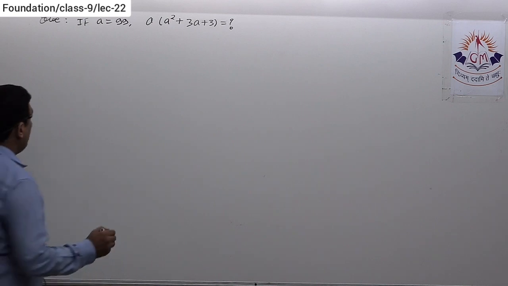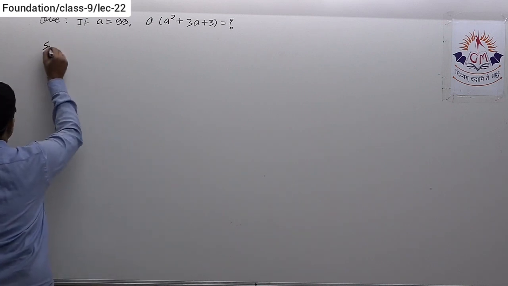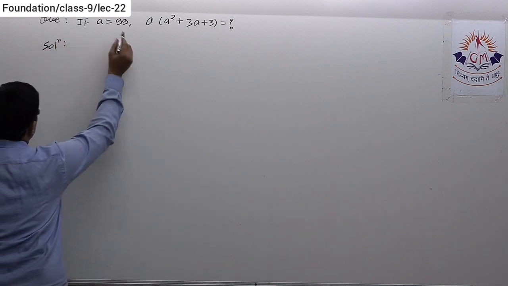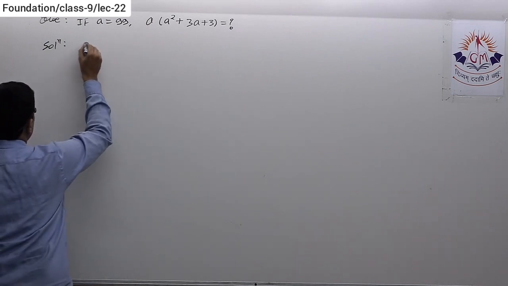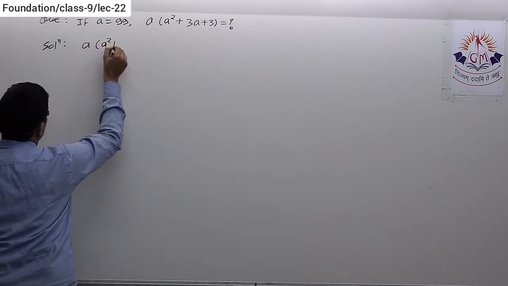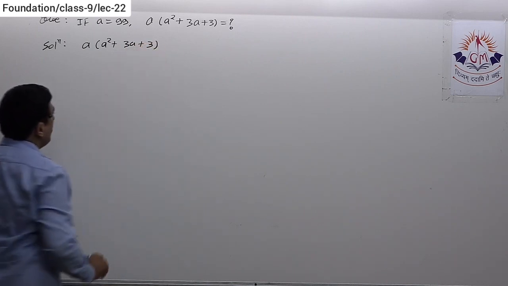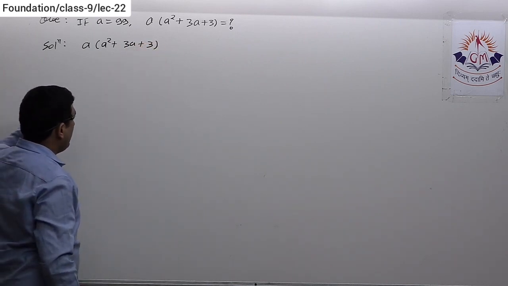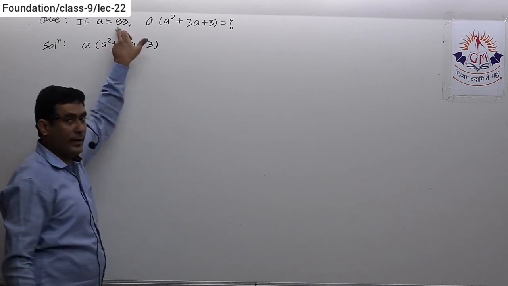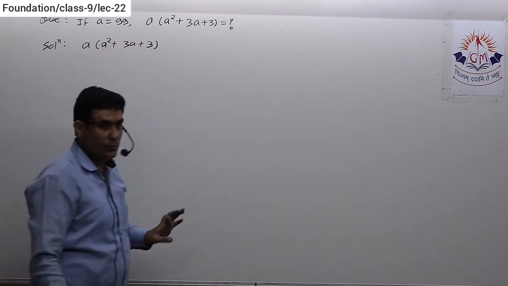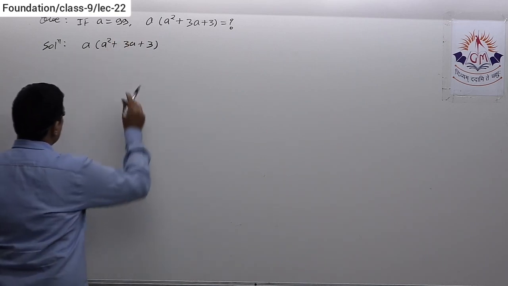Okay, let us see how to find this solution. We have A equal to 99 and we need to find A square plus 3A plus 3. The very first thing that comes to my mind is that A is 99, so A plus 1 is equal to 100, isn't it?